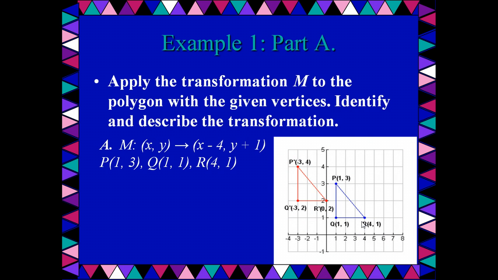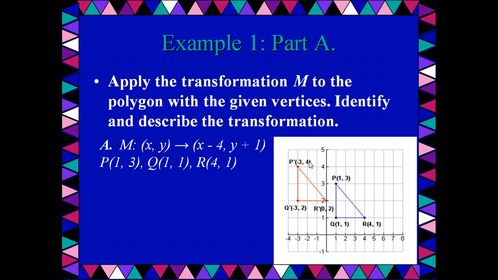If we look at that on a graph and go ahead and show the mapping as well, we start with PQR, and our new figure, our image, is P prime, Q prime, R prime. What we've done is we've taken every point, like P is (1, 3), and we've moved it to the left by 4, subtracting 4 from the x, and we get negative 3, and we add 1 to y, so we have 4.